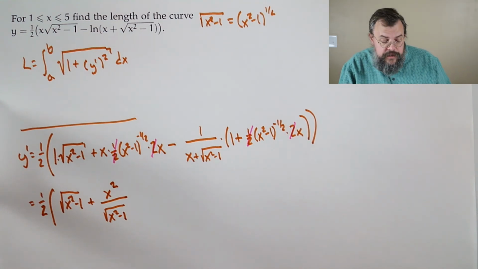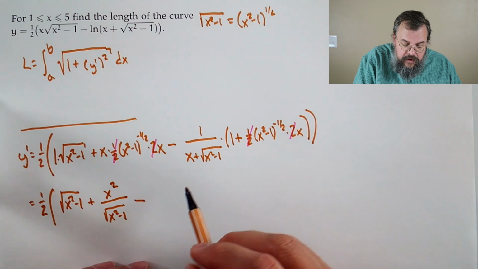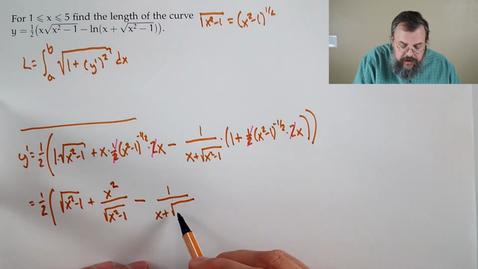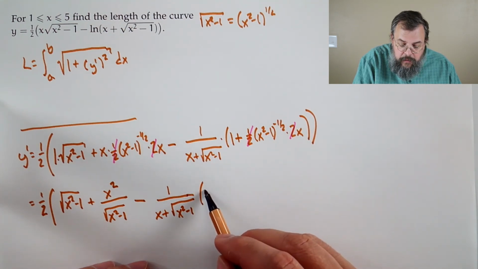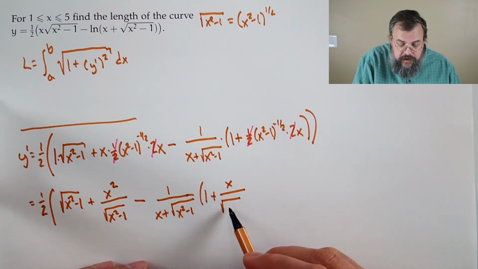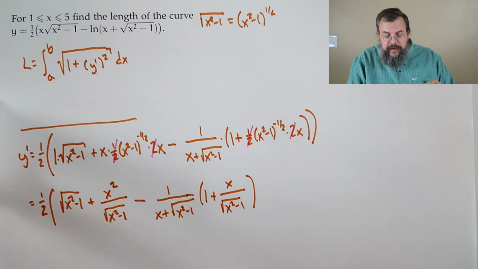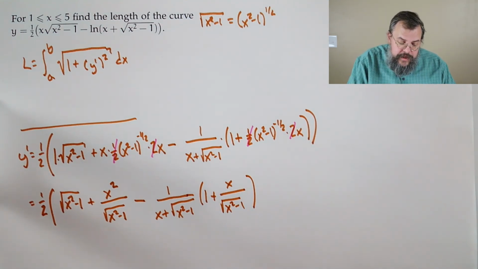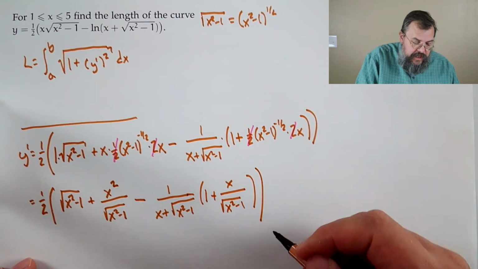Okay, that's good. Progress. Now, over here, well, 1 over x plus square root of x squared minus 1. And then upstairs is 1 plus x over square root x squared minus 1. Okay. Now, and there's a parenthesis there to match that parenthesis.